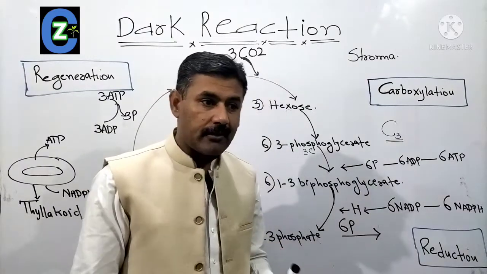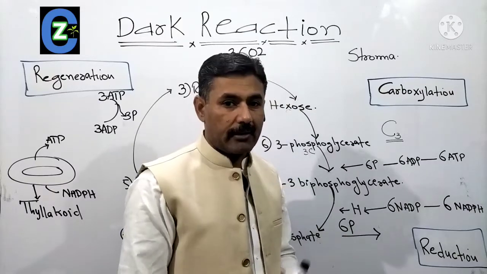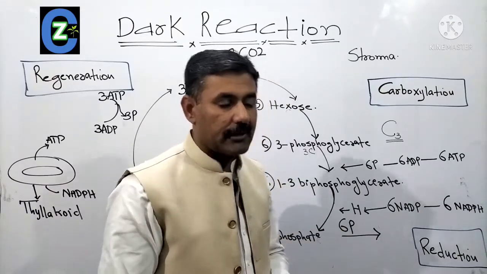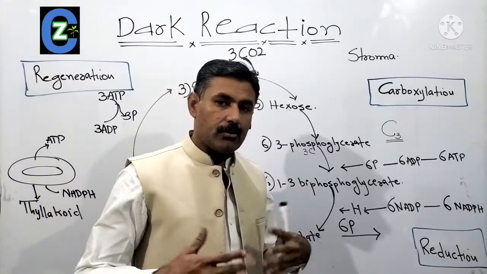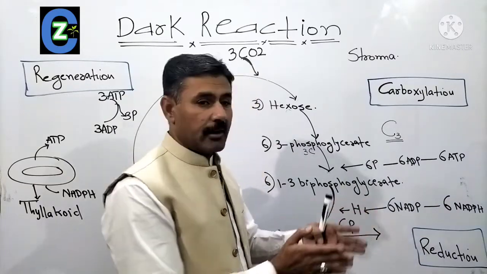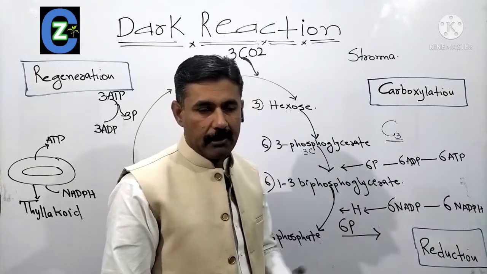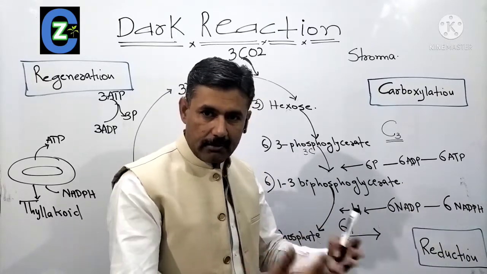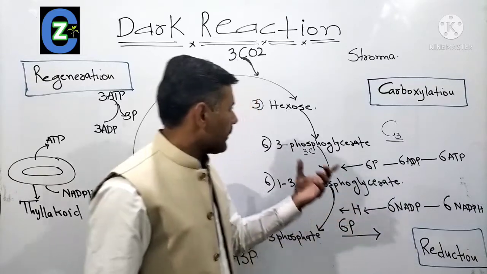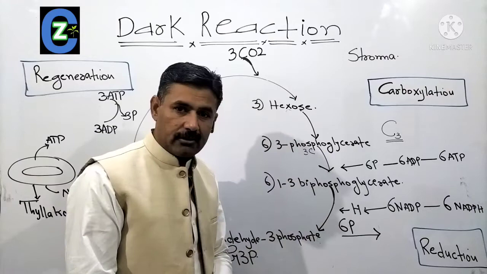And there are plants which, during this carbon fixation, produce a stable product containing 4 carbons. We consider them C4 plants. I'm going to produce a separate lecture for C3, C4 and CAM plants, and explain them in detail later. But if hexose breaks into triose, these plants are said to be C3 plants.